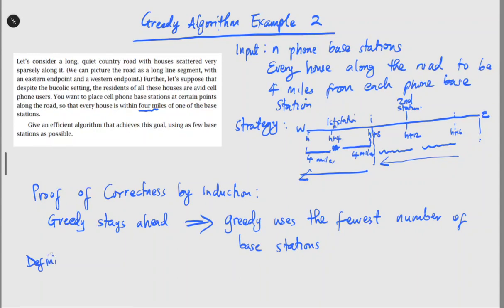So the next thing we do after figuring out what we are proving is to move to the definitions. So the first one, I usually use A subscript I for the greedy.